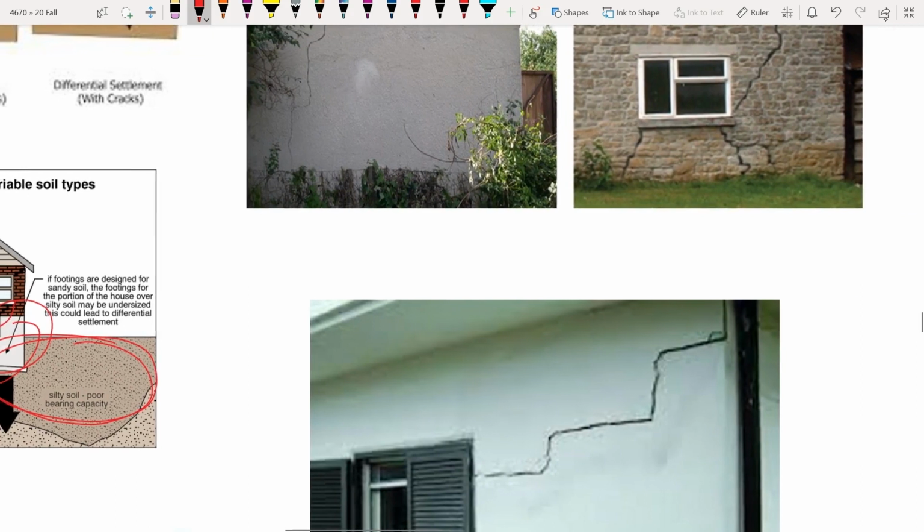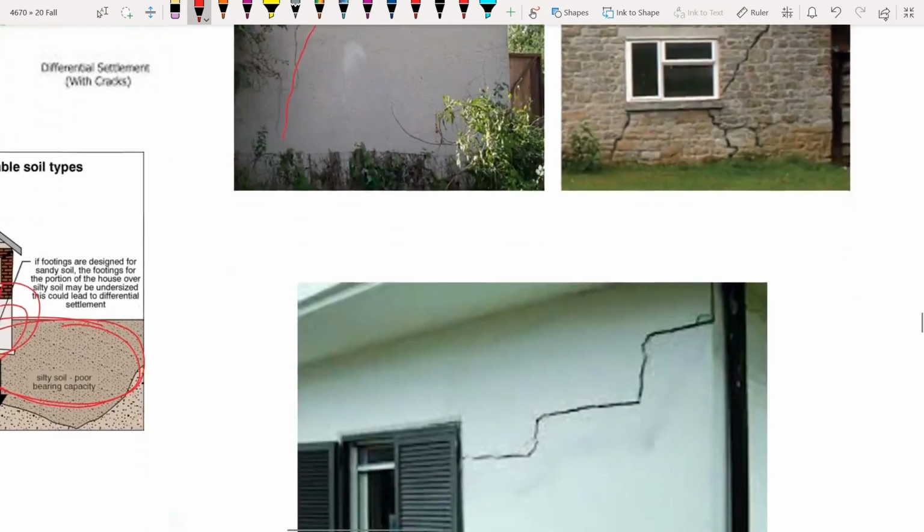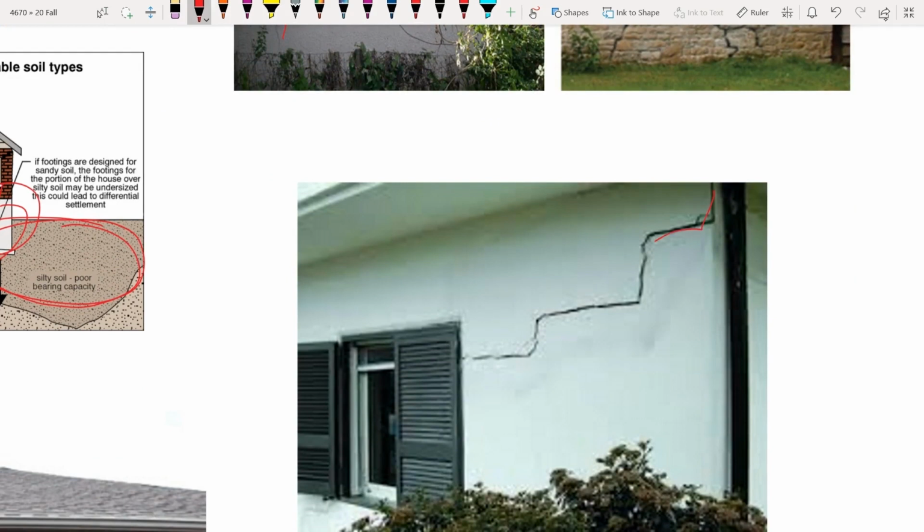So some field pictures: when we see a residential building, if you see a crack that only happens at a corner, or only at a particular shear wall or outer wall, then very likely it happens because of differential settlements.